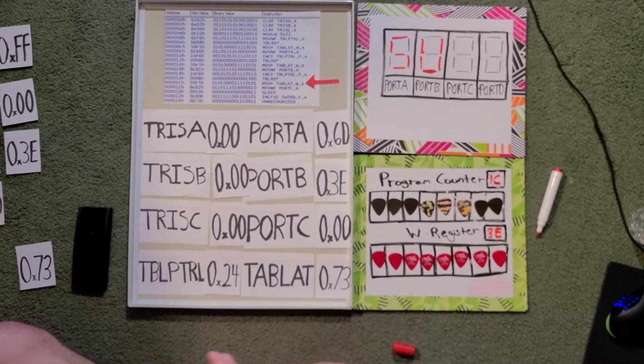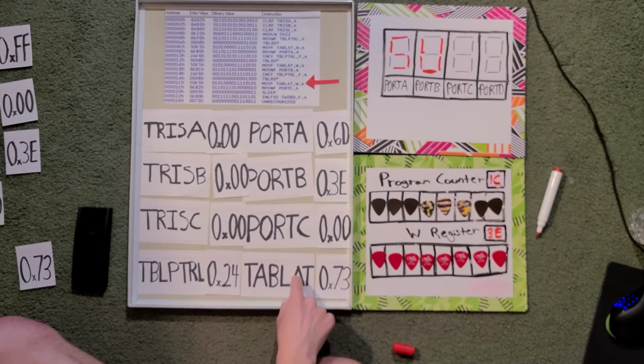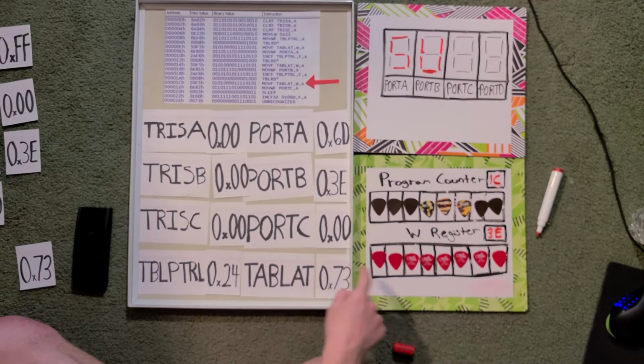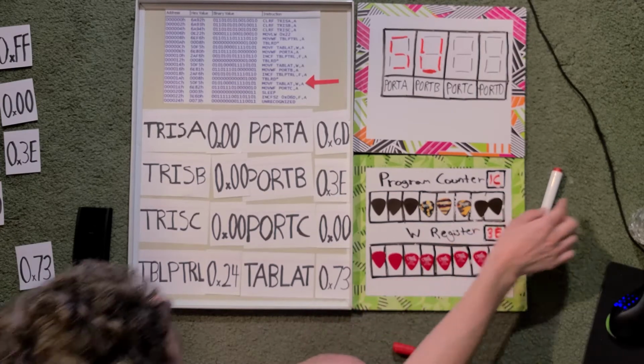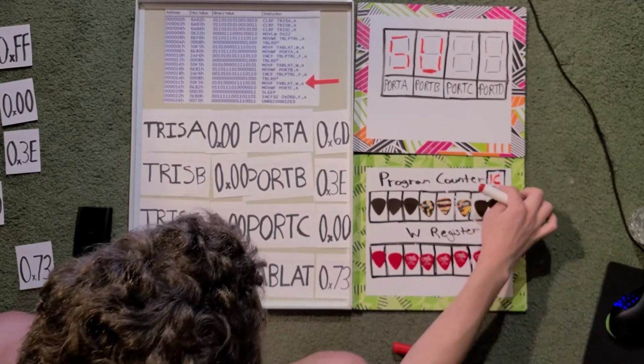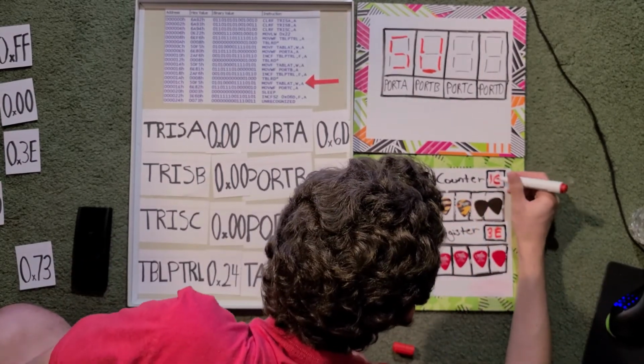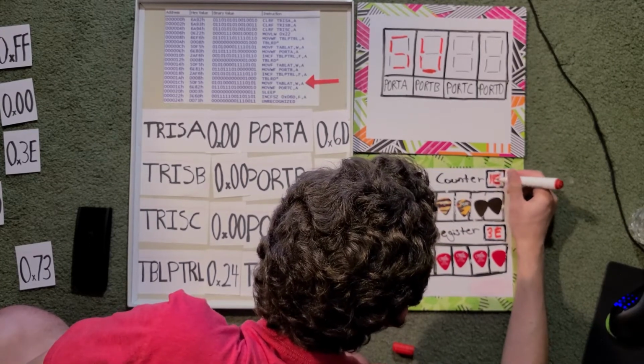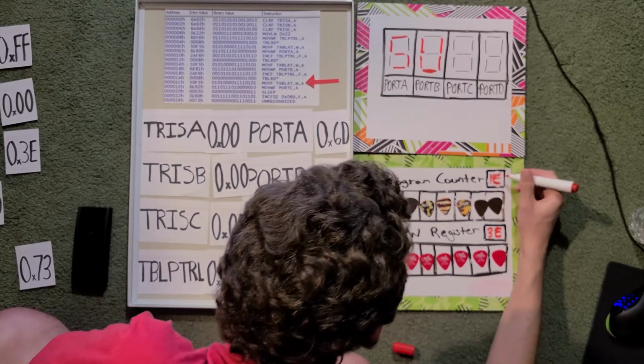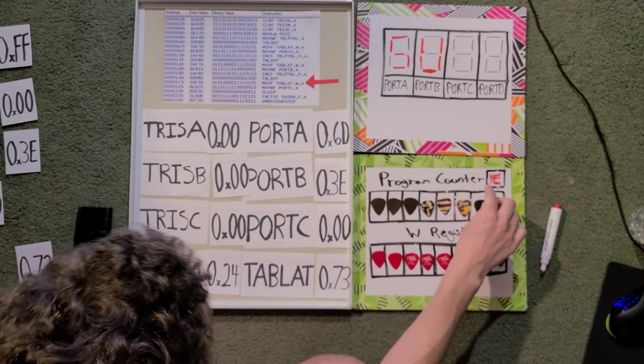Now we can move the value in TABLAT to our W register. First, let's increase the program counter from 1C to 1E. Now we've got 1E in the program counter.